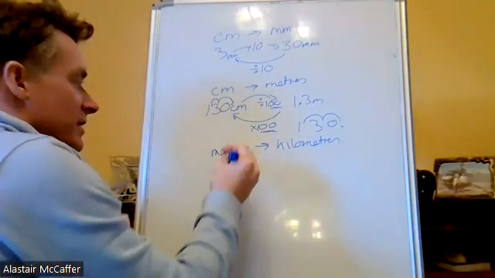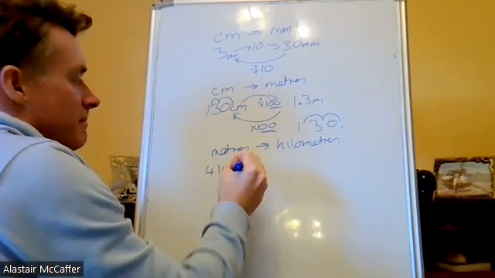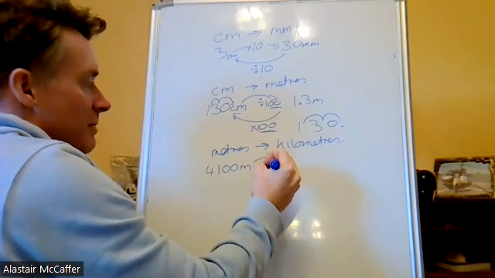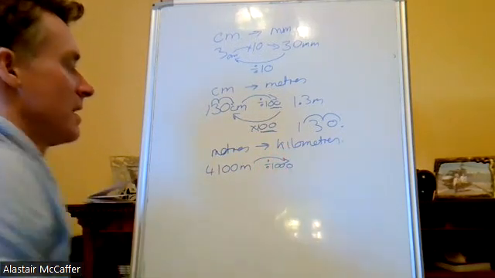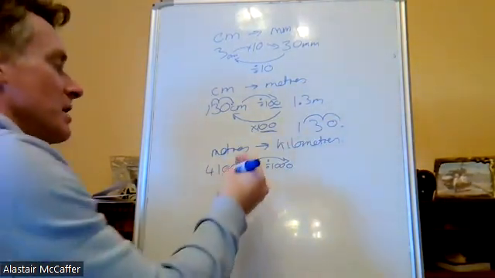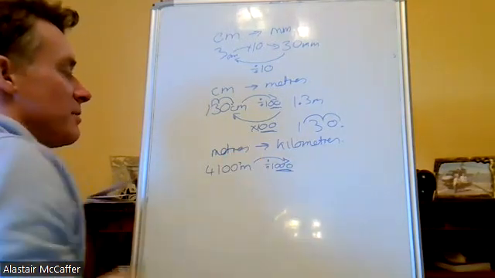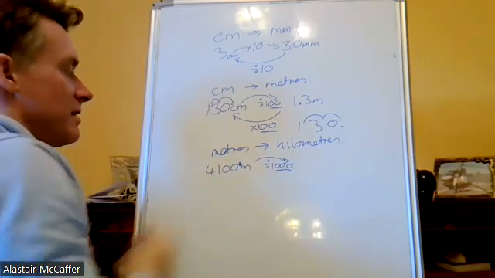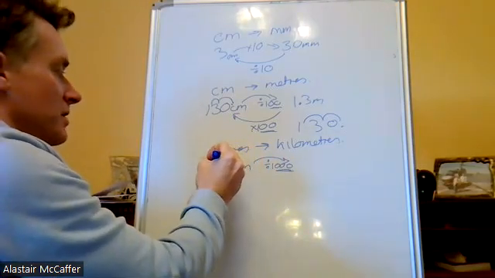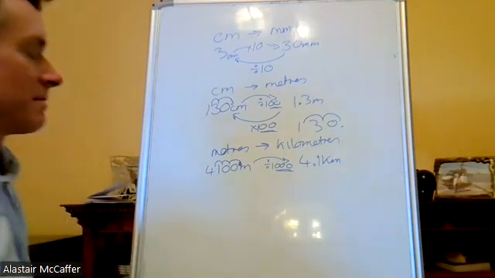So if you had something like 4,100 metres, and to go from that into kilometres, you would divide by 1,000. Now, if you divide by 1,000, you move the decimal point to the left, and you move it how many zeros you've got. So here, decimal point is at the end, and then you would move it 3 places to the left. 1, 2, 3. So it'd be 4.1 kilometres.